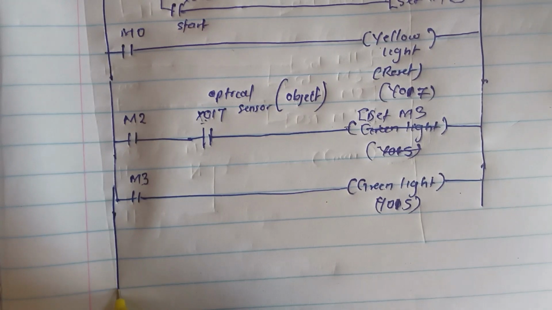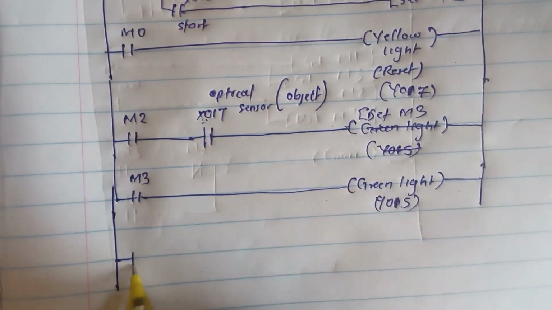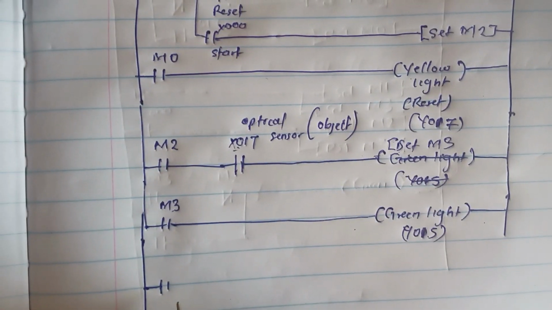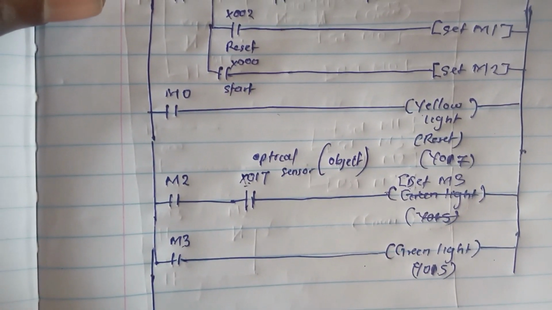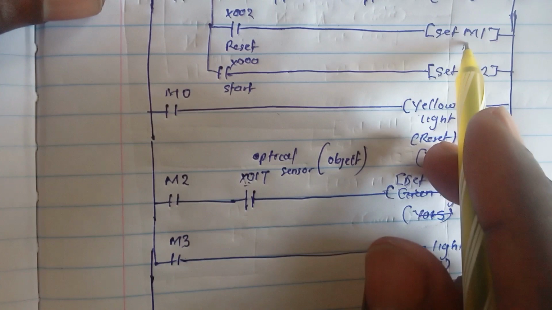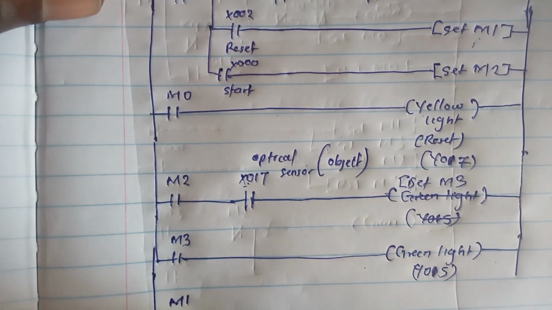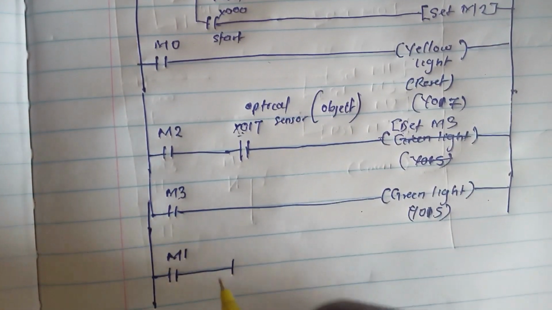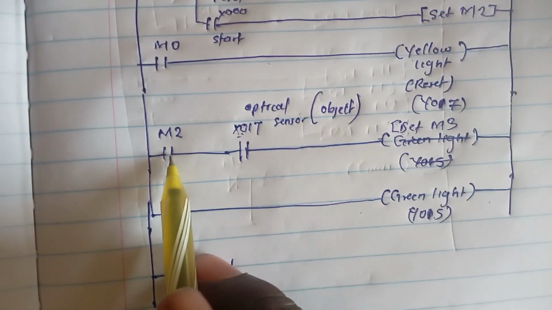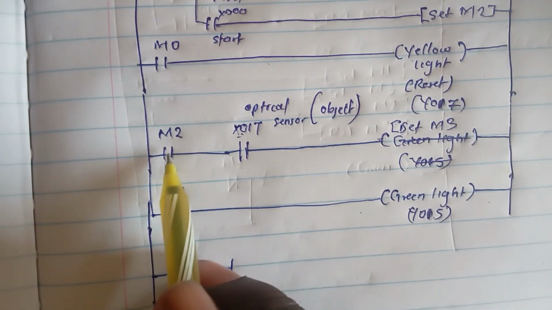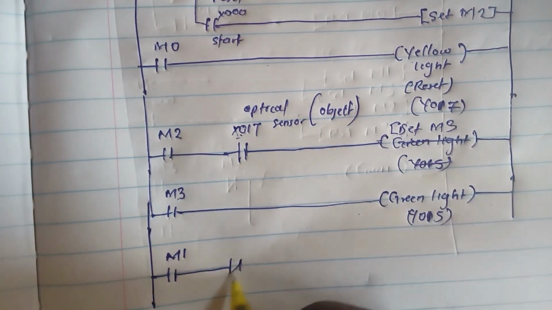It doesn't follow any sequence, but we can add another branch. Our reset output was M1. We can use M1 with a normally closed condition of M2, so that the program does not work simultaneously.